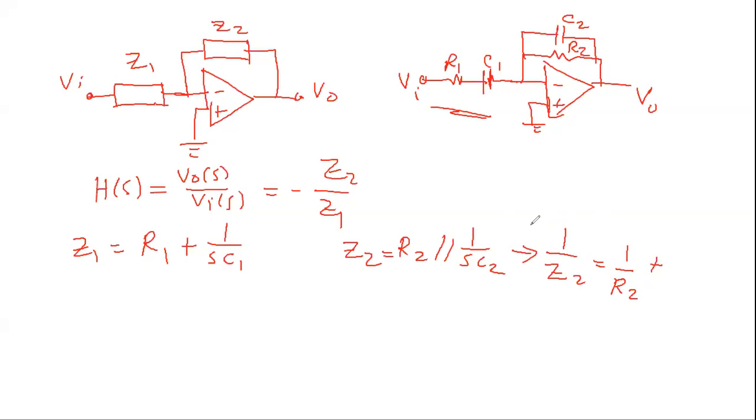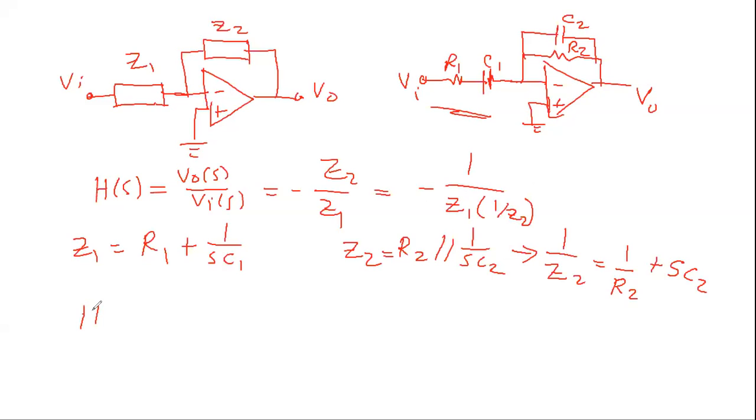Since they are parallel, the reciprocal of the equivalent impedance equals the reciprocal of the first impedance plus the reciprocal of the second impedance. The first impedance is R2, so the reciprocal is 1 over R2. The second impedance is 1 over SC2, so the reciprocal is SC2. And we can write this one here as negative 1 over Z1 times 1 over Z2. It's the same, I just moved Z2 to the numerator by using 1 over Z2, because we defined 1 over Z2 this way.